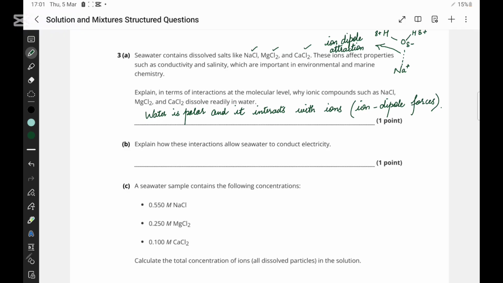Explain how these interactions allow seawater to conduct electricity. Because of the presence of free moving ions in solution, they can conduct electricity.